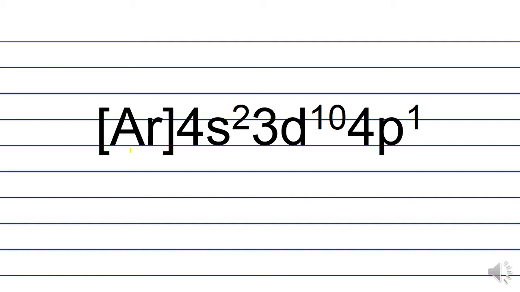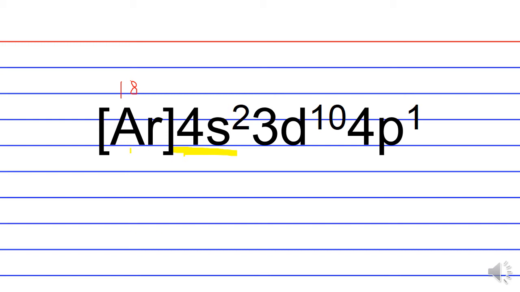Now we have the 4s orbital that gets filled. And what you have to note here is that argon has 18 electrons total. This is the way we can check ourselves, because at the end, the total number of electrons has to add up to 31, since the Z for gallium is 31.